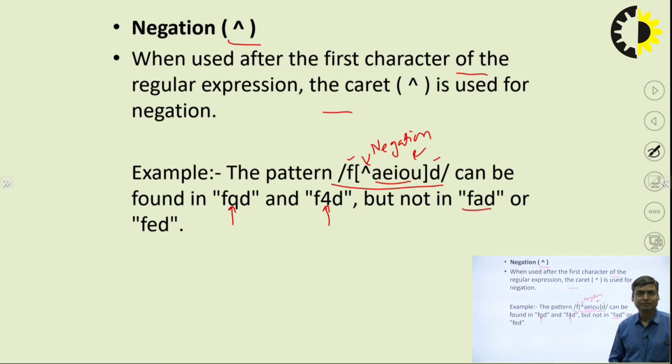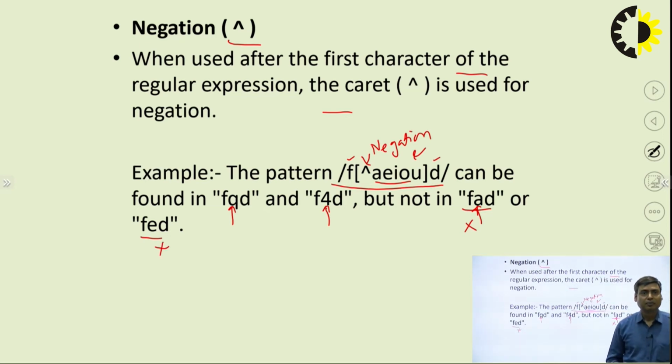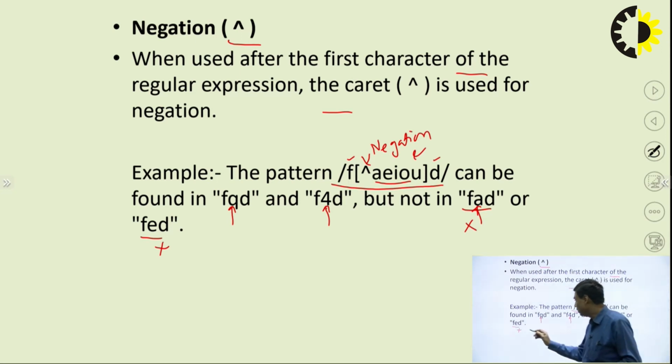Very simple. Why is it not present in FAD? Just think, because we are using the negation here and F is present here, F should not be present. Therefore, this string is not valid. Similarly, the FED string is also not valid, because E is part of the set. It should not be. We are using the negation here. So, FED is also invalid.